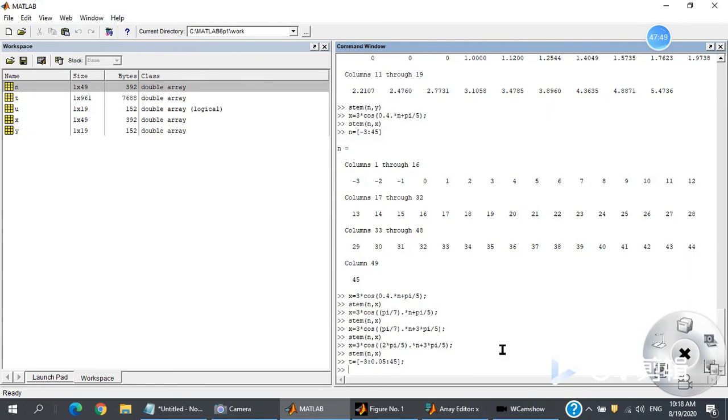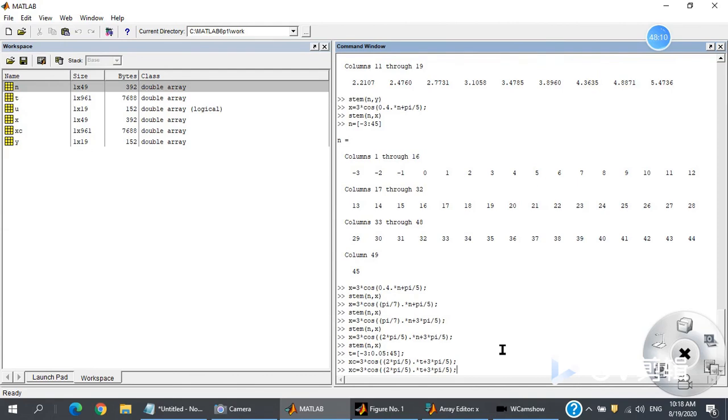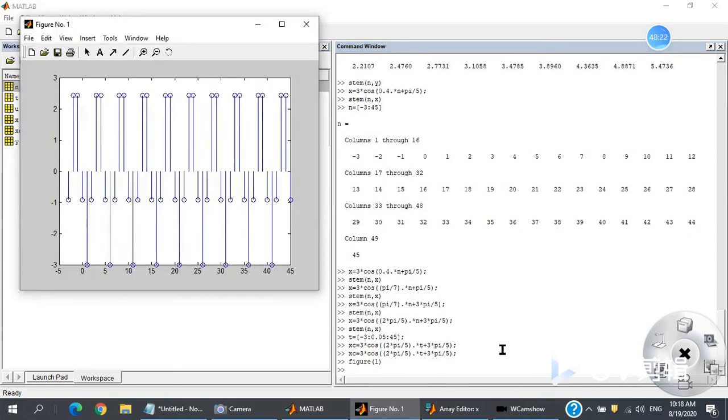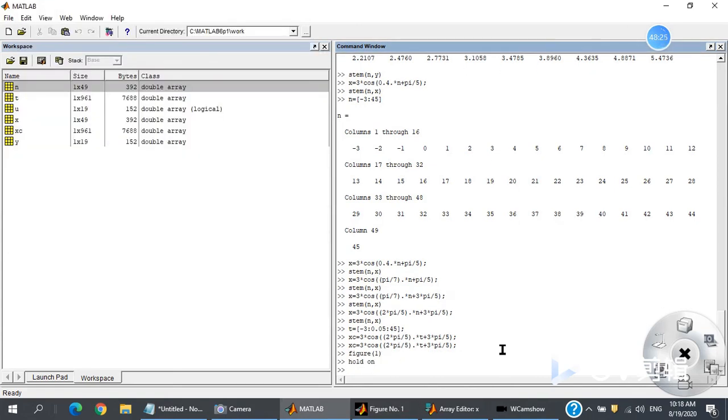For this time, I have another signal, xc, the continuous version of x, which is now a function of t. Okay, I have xc, and I plot figure 1. I need to hold on, and plot t and xc. So I put 2 graphs together.